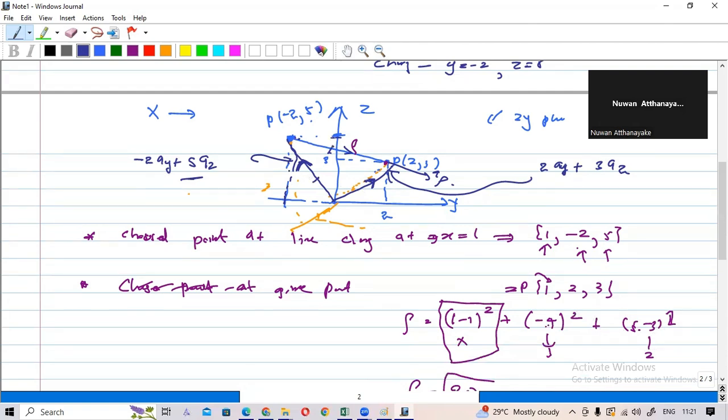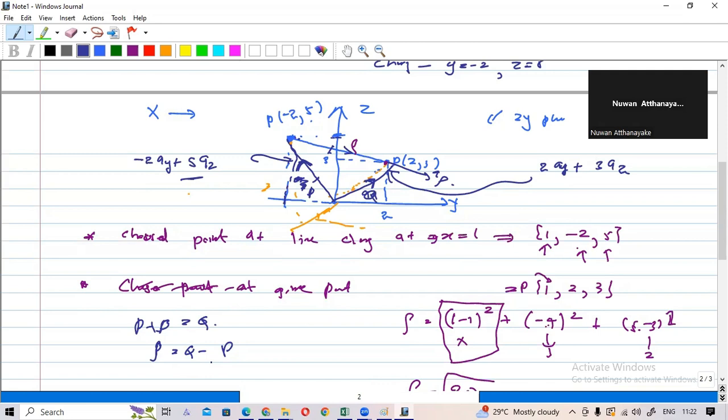I will write this vector as P, and this vector as Q. So P plus rho equals Q, so rho is equal to Q minus P.